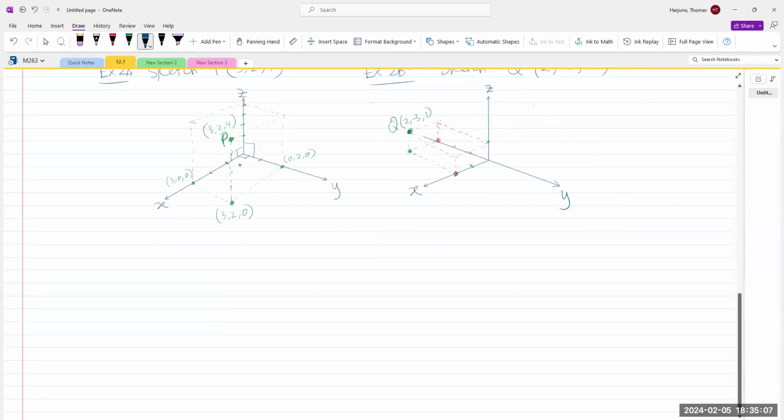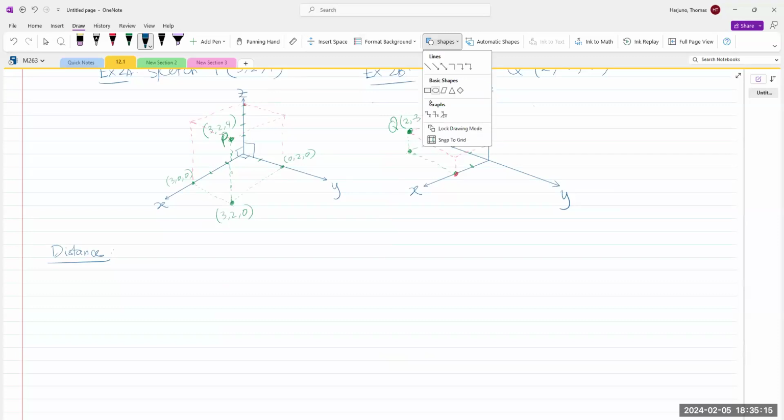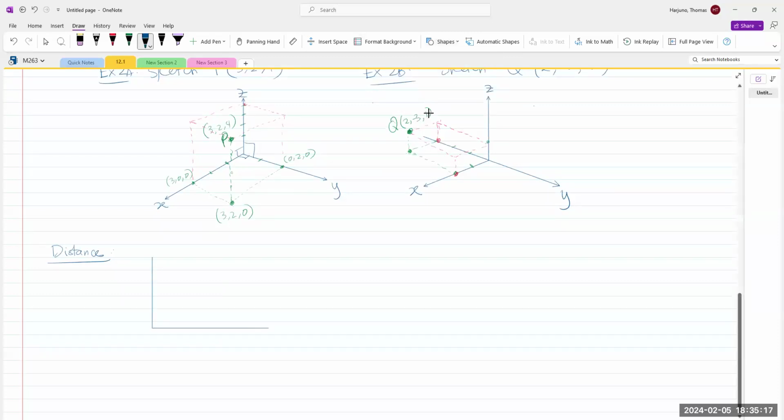Distance formula. Distance. In two dimensions, the distance between 2 points is given by the distance d here. Let's call this p and this is q. We want to find the distance d.